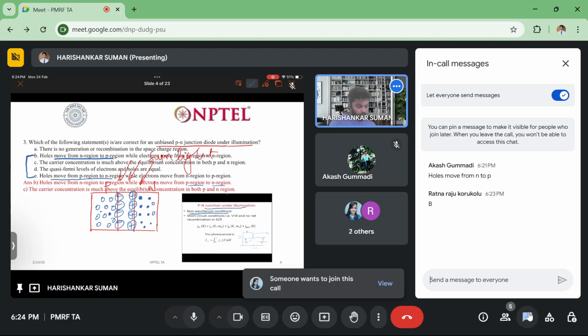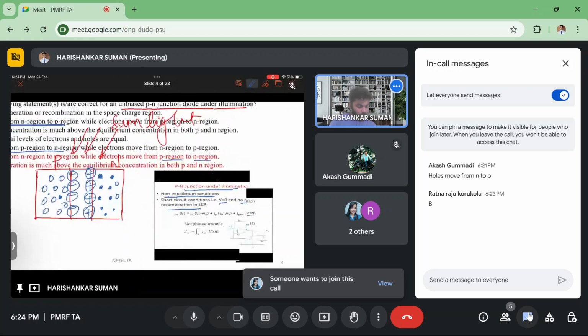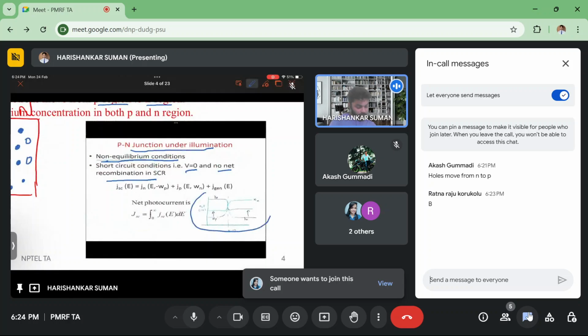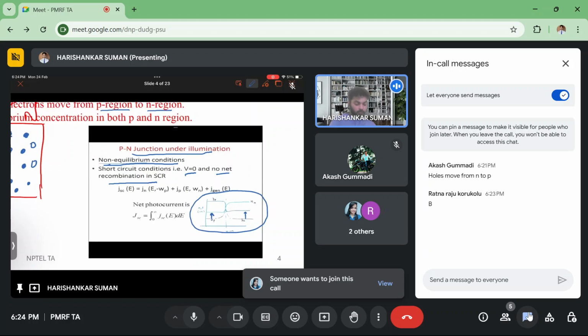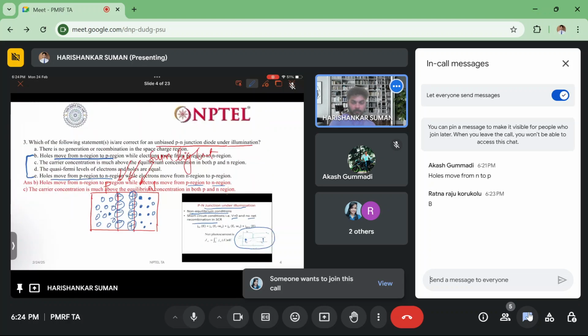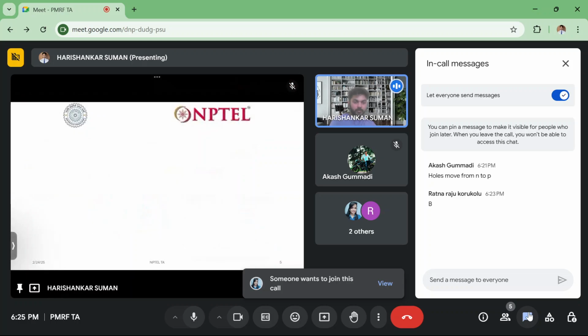There is no net recombination in SCR, and concentration you can see goes up that much. So carrier concentration is much above the equilibrium concentration in both P and N. Okay, your answer is correct. So let's move to the next question.